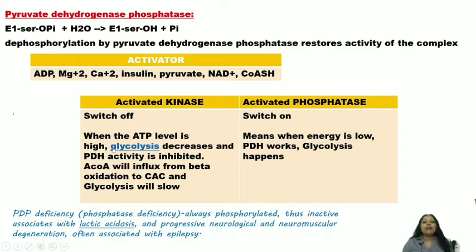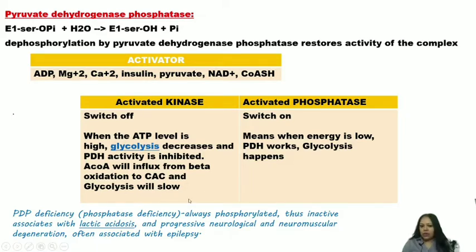That's why glycolysis decreases and PDH activity is inhibited. Got it? Note down this point in your mind that PDH activity inhibited means kinase is activated. Got it? So, when this happens, acetyl coenzyme A will influx from beta oxidation to the citric acid cycle.